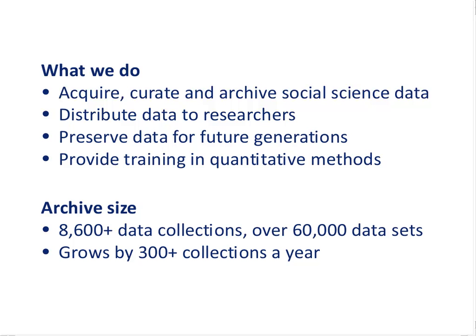A large mission is to preserve the data for future generations. We also have a large summer program, over 1,000 students this last year, and provide training in quantitative methods. More recently, we've also provided courses in curation and data management. We have over 8,000 data collections.